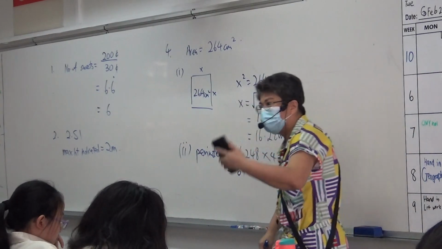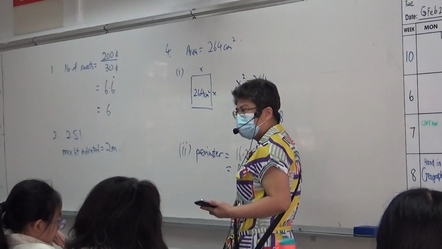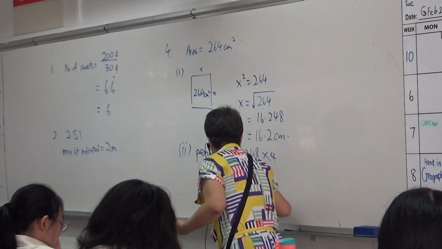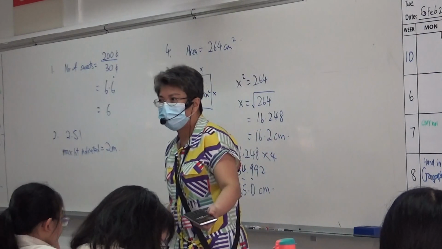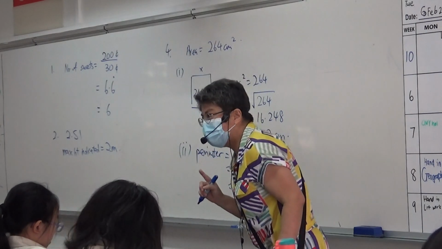Final answer must be what? Tell me again. 3 centimeters. So 1, 2, 3, right? What should it be? 5.0. Understand now? Understand now how to present?